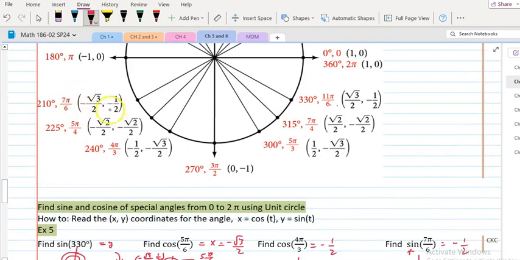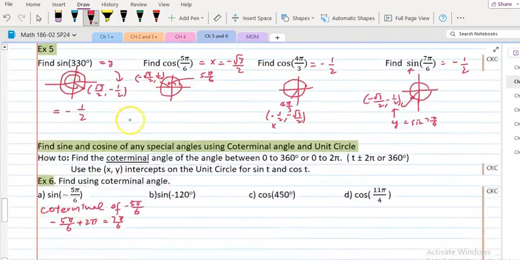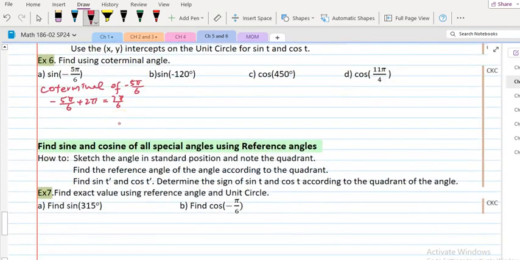We did 7 pi over 6 here: the point is negative root 3 over 2, negative 1/2. I want sine, the y value, which is negative 1/2.